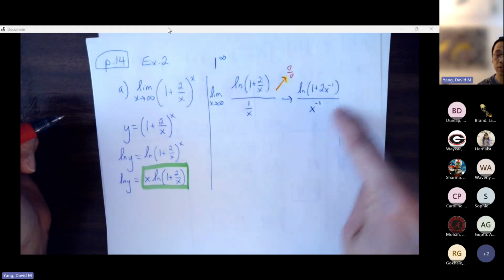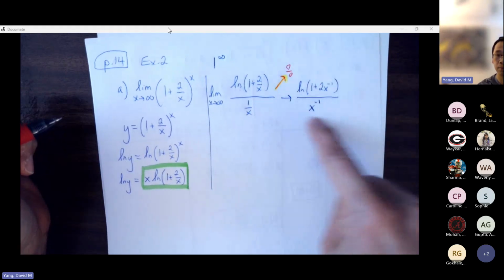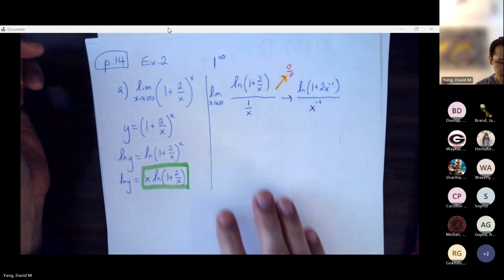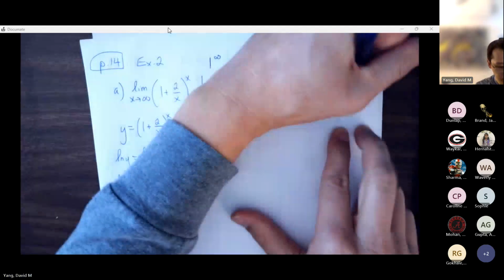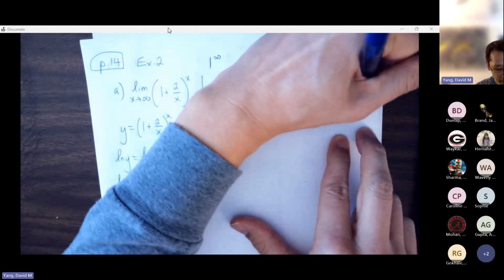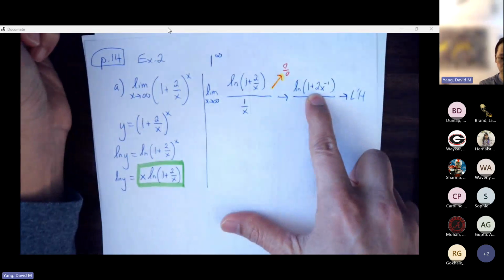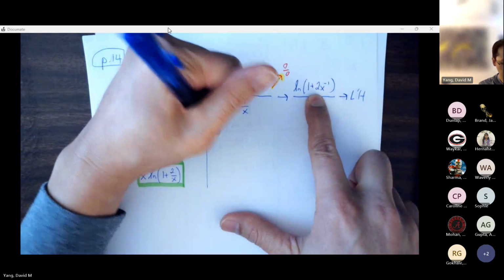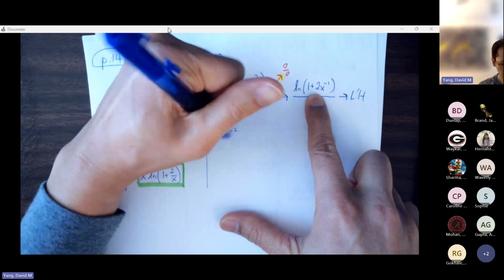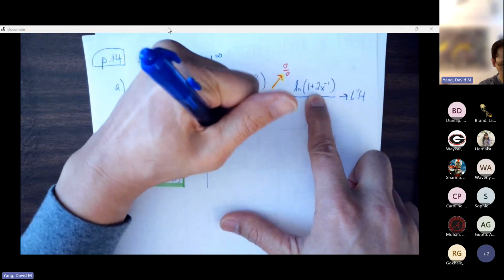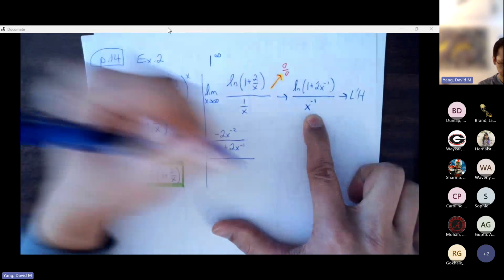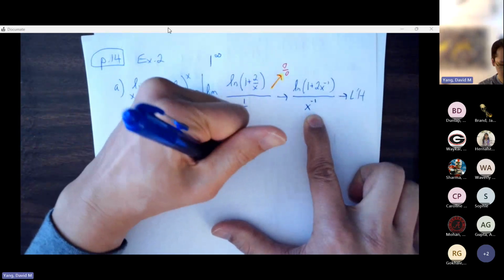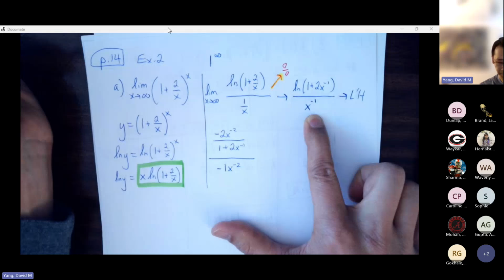I have my equation set up now to do my derivative process. So here's my next step. My derivative, using L'Hopital's rule, u prime over u. So negative 2x to the negative 2 all over 1 plus 2x to the negative 1, all over negative 1x to the negative 2.